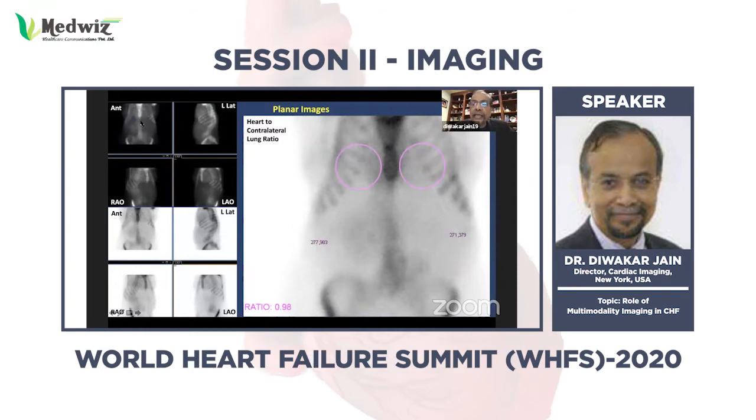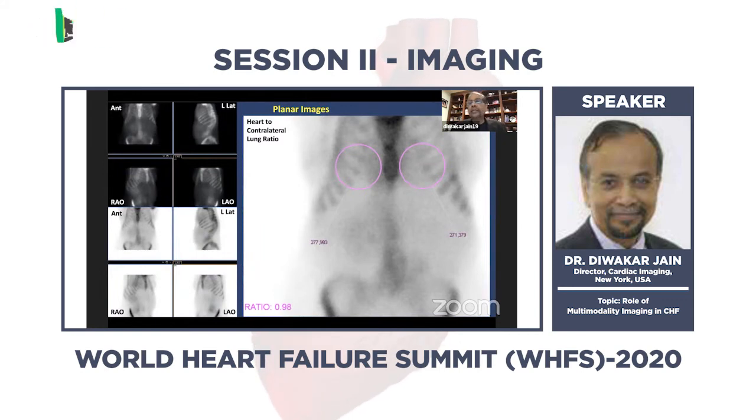This is a bone-seeking agent, and the skeletal system is imaged, but there is no uptake in the heart. And on the right-hand side, we are showing the quantitative way of analyzing the images. You can draw a region of interest over the heart and the contralateral right side. And this ratio was 0.98. That's normal. So this study is negative for technetium pyrophosphate uptake.